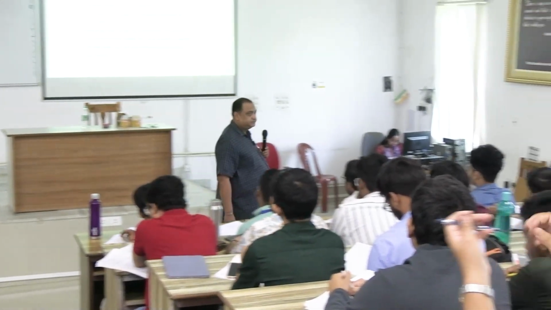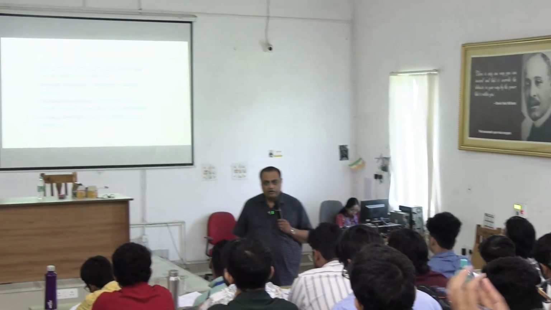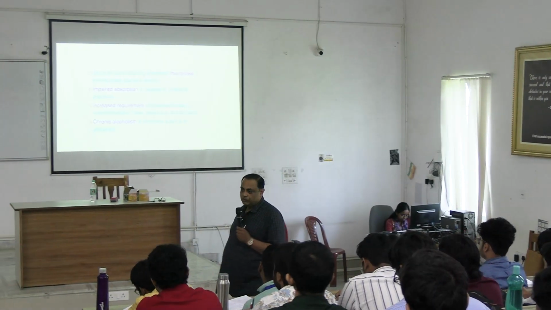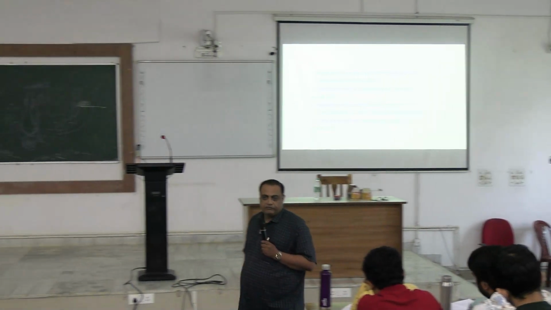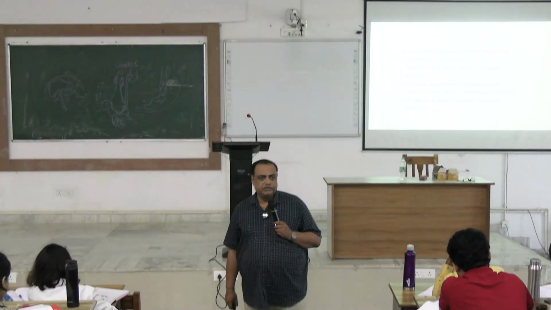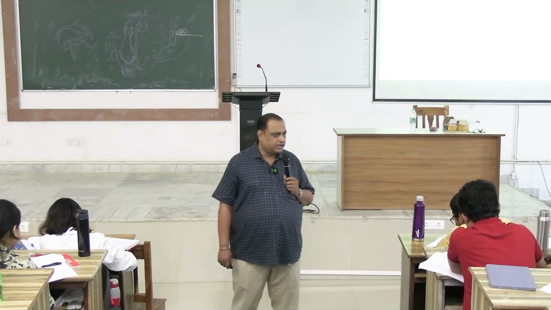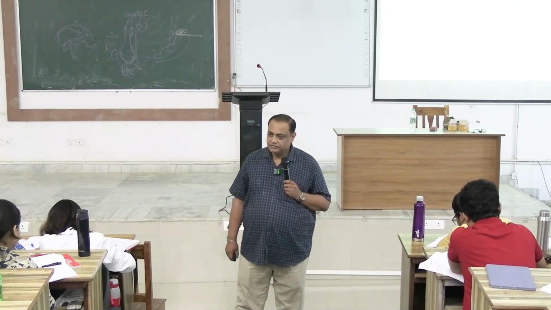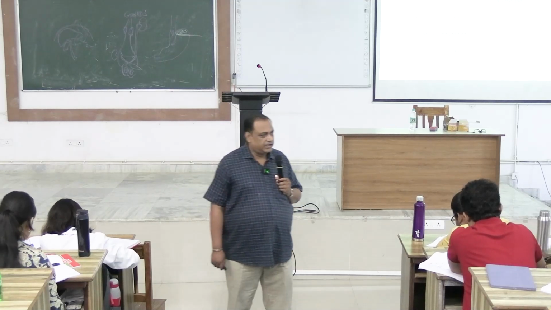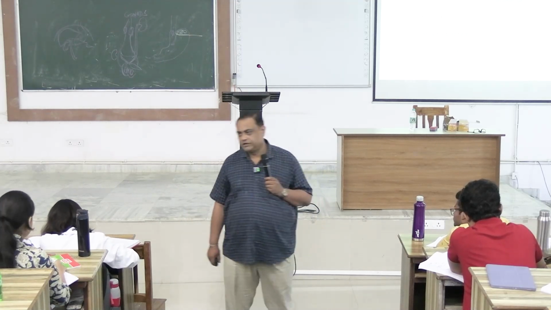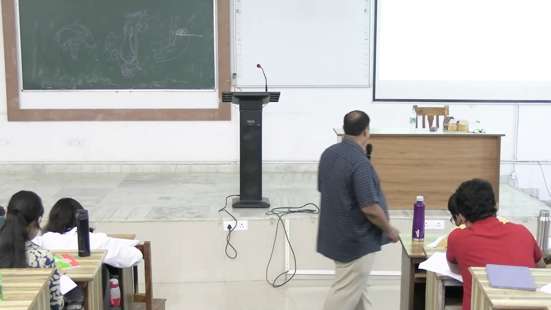So what happens? They suffer from a disease called Wernicke-Korsakoff syndrome. Wernicke-Korsakoff syndrome is a mixture of two diseases, Wernicke's encephalopathy and Korsakoff's psychosis. Encephalopathy and psychosis together are called Wernicke-Korsakoff syndrome.